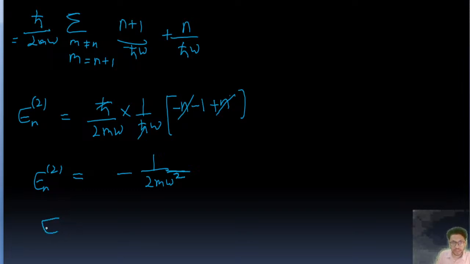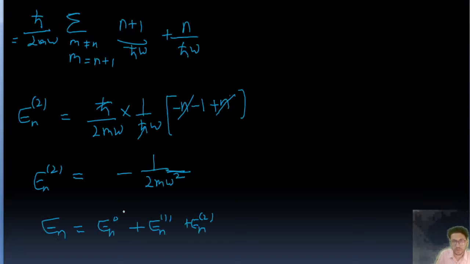So En, the energy after perturbation, is going to be En naught, the ground state energy, plus En1 plus En2, right? En naught we know, so En naught is equal to n plus half h cut omega, because this is the energy before perturbation.